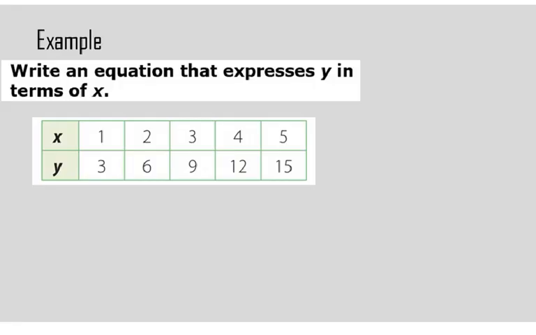So we have coefficients and we have constants. Okay, let's take a look at an example where we are going to write an equation that represents y in terms of x. So we have our table. Again, this is an input-output table. Let's review some things. The x is the input, and the y is our output.